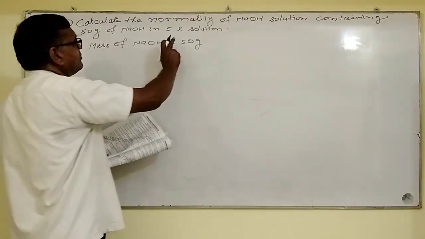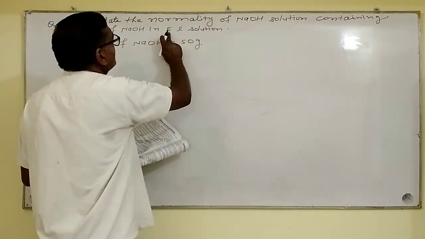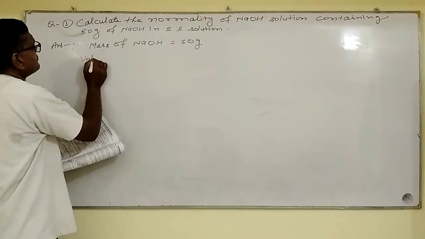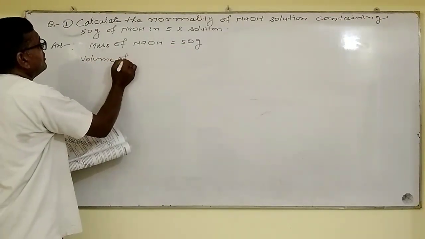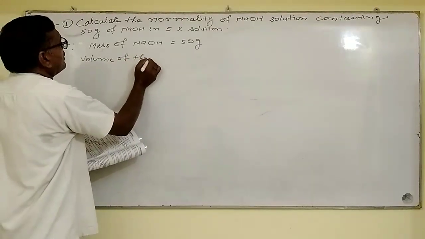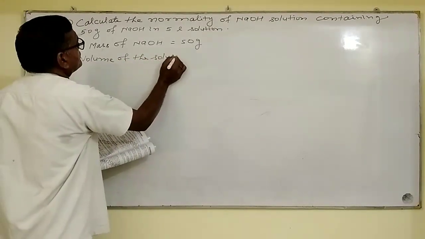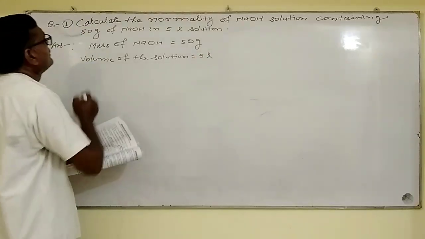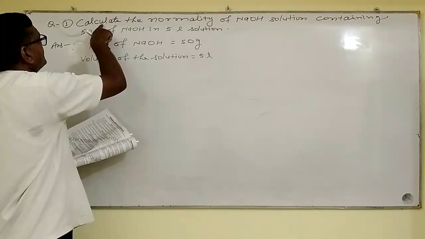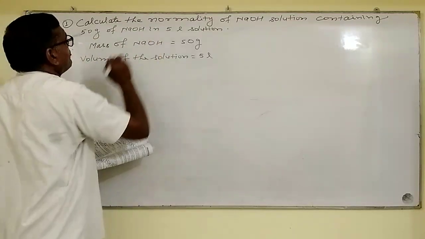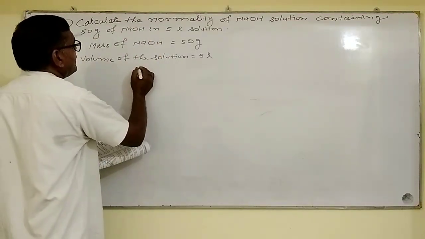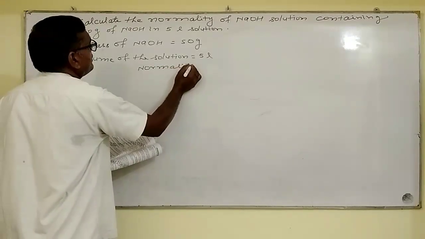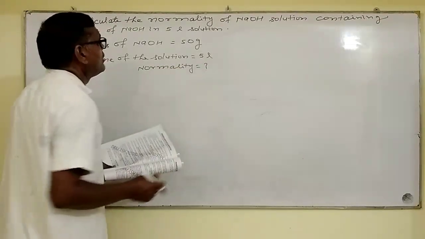In the question, volume of the solution is 5 liter. Here we write volume of the solution is equal to 5 liter. Question asked calculate the normality. Here we write normality is equal to what?